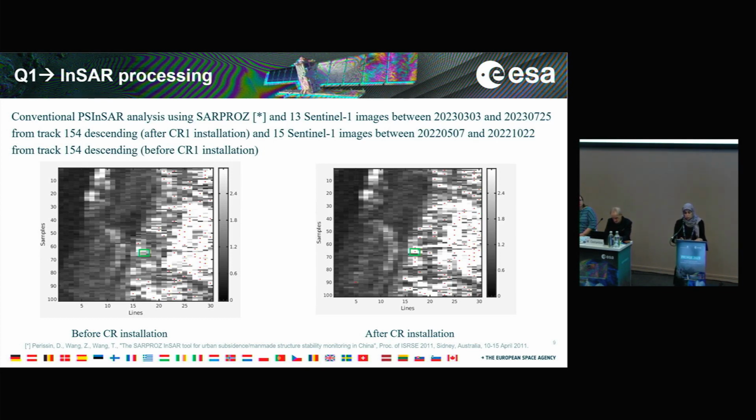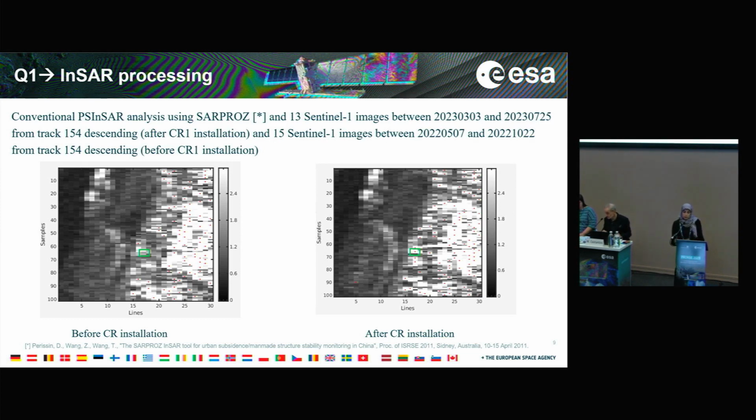On these two images, you can see the selected PS pixels over the temporal average of amplitude: on the right-hand side after the corner reflector installation, and on the left-hand side before.